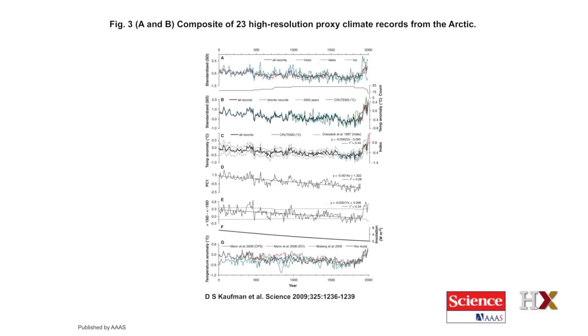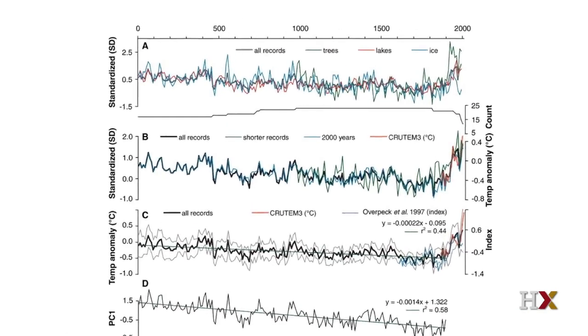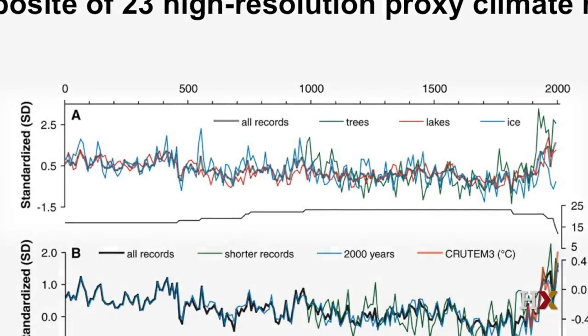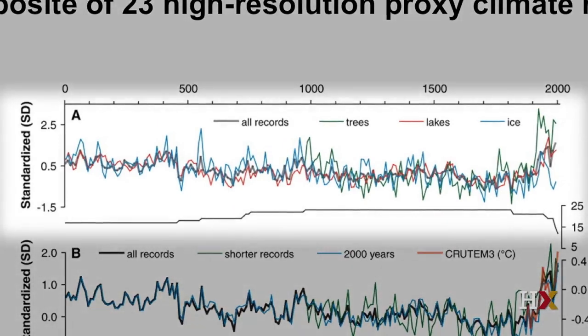Some other studies have actually taken a slightly different approach. Rather than trying to combine all of the proxy reconstructions of climate over the last couple thousand years, this one study by Jonathan Overpeck and his colleagues looked at how different individual records changed over the last 2,000 years, in this case from the Arctic.